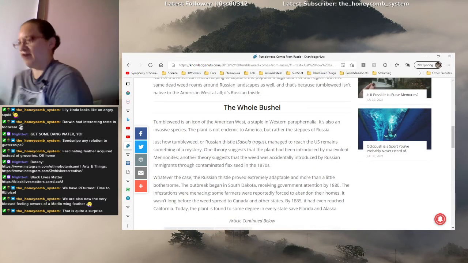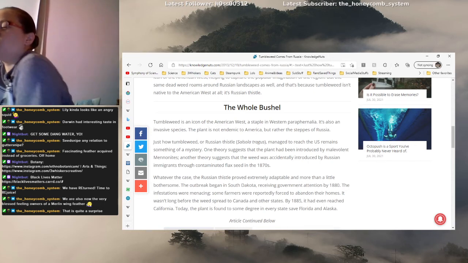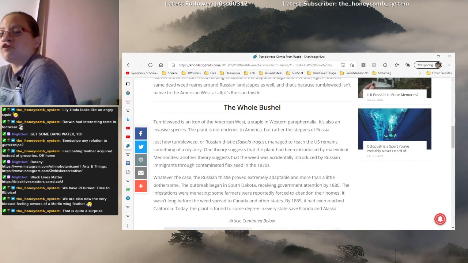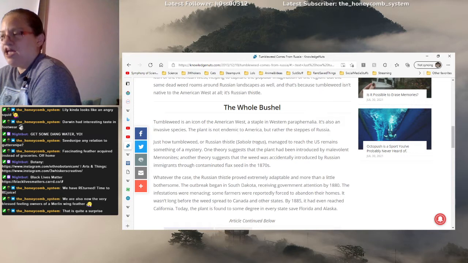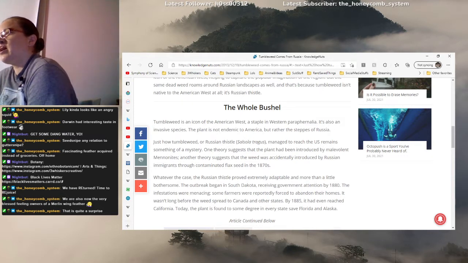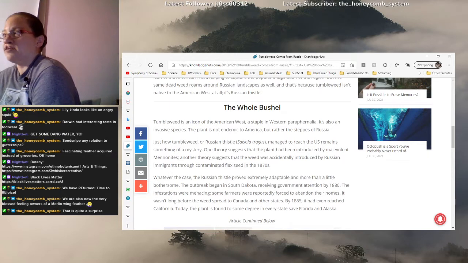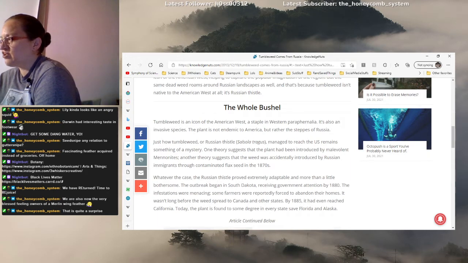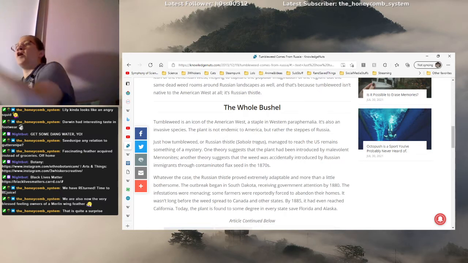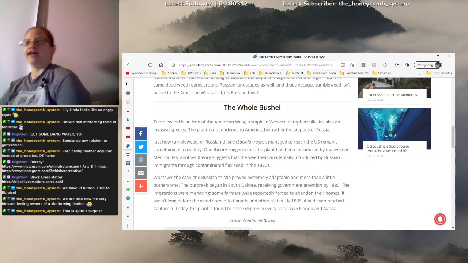Which, just as a thing, right? If it forced people to abandon their homes, and it's become synonymous with the Old West and Westerns and whatnot, as a symbol of, like, there was no one there and a tumbleweed rolled by, which one came first?